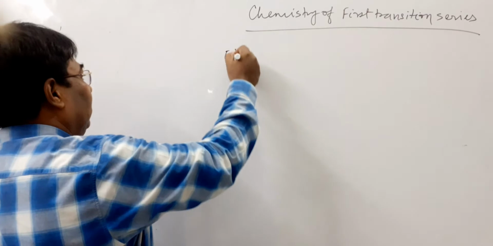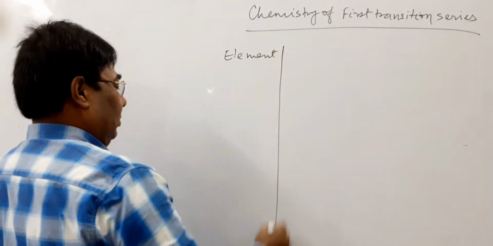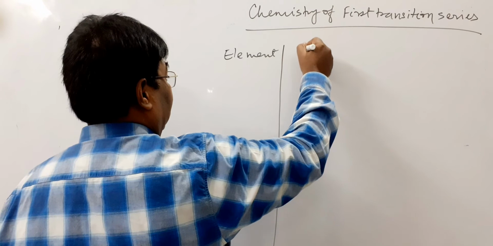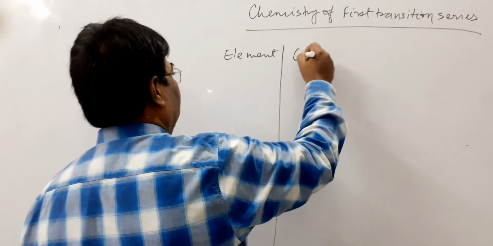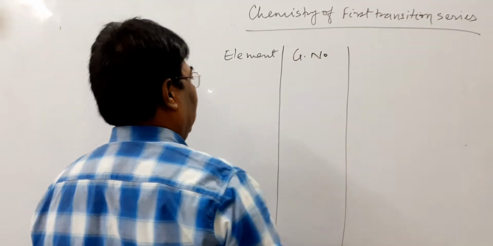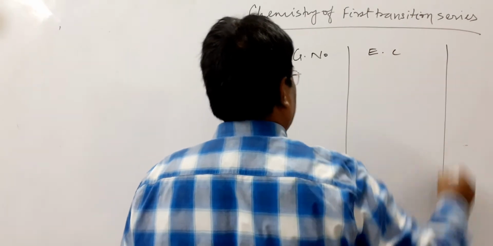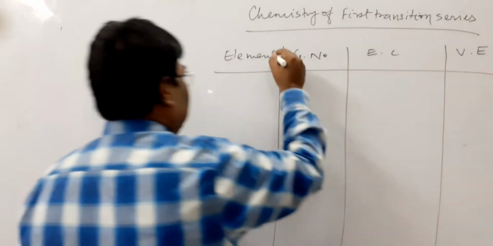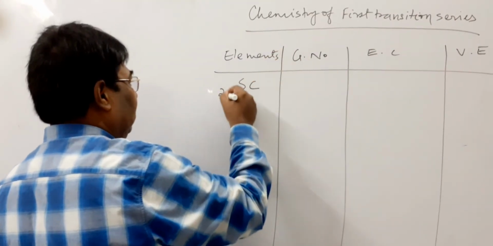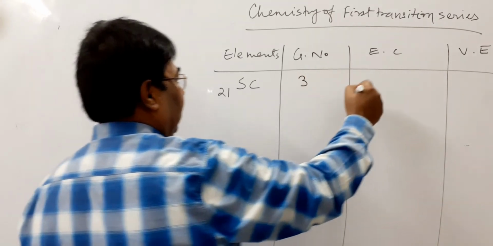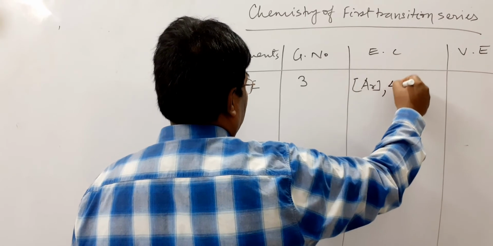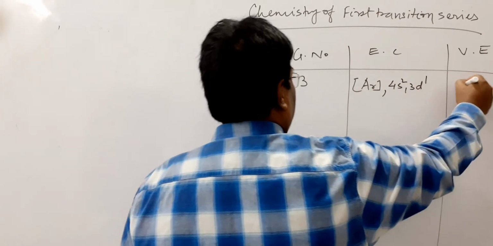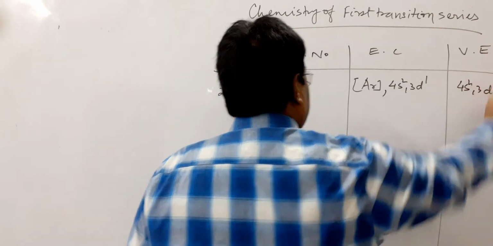So element, next electronic configuration, group number, electronic configuration and valence electrons. First element is scandium, group number 3, electronic configuration argon 4s2 3d1.